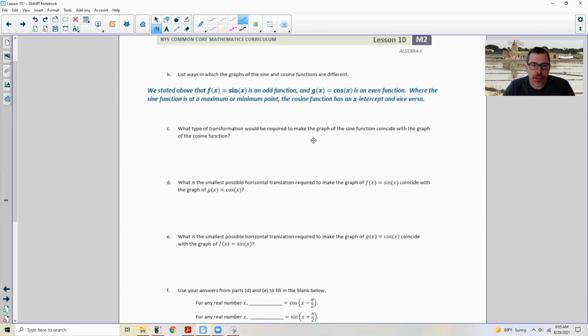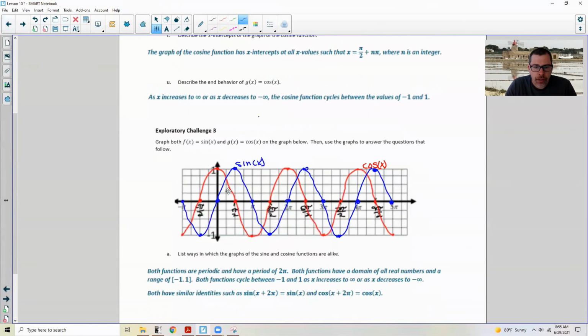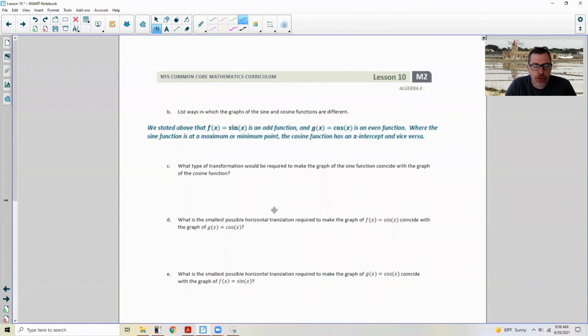Where the sine function is at a maximum or minimum point, the cosine function has an x-intercept and vice versa. So what they're saying here is, right here, the cosine's got a max, the sine's at a 0. Here, cosine's at 0, sine's at a max. Here, cosine's at 0, sine's at a min, -1. So one's at an extrema when the other one's at 0.